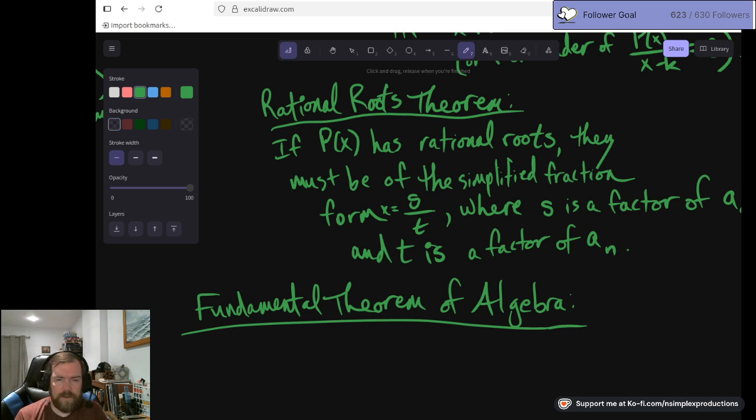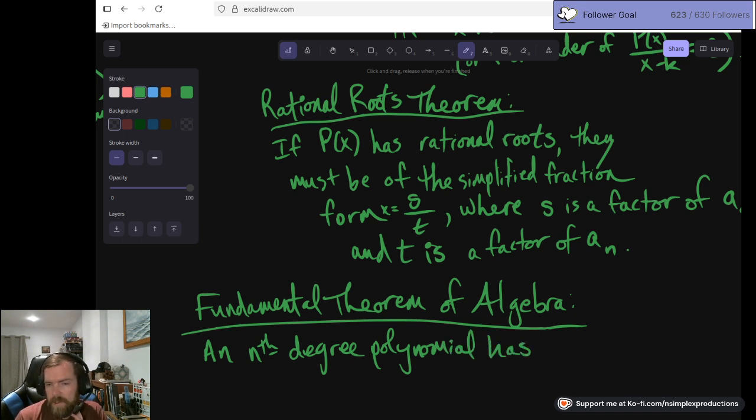The idea here is that an nth degree polynomial has n complex zeros.